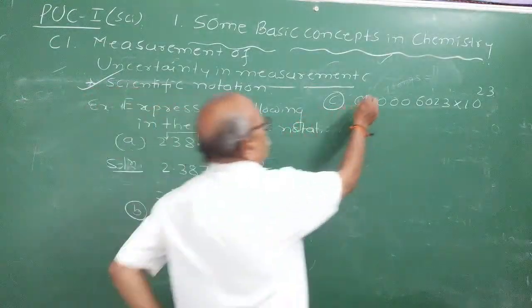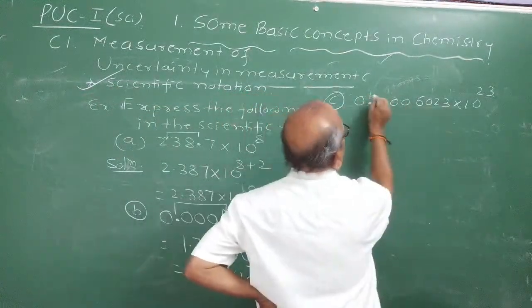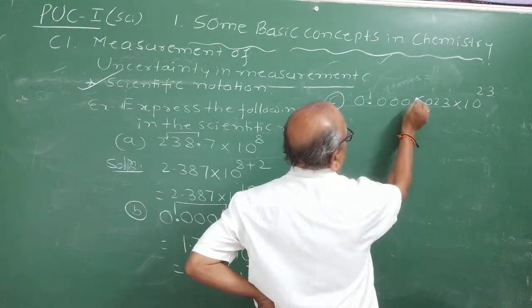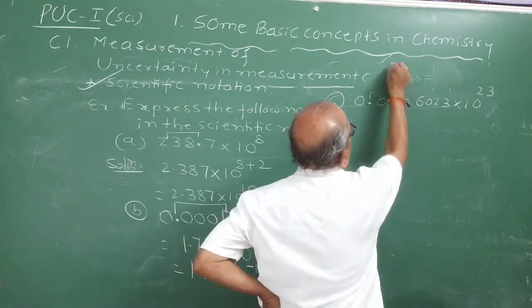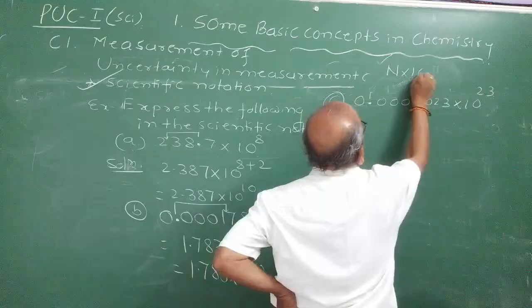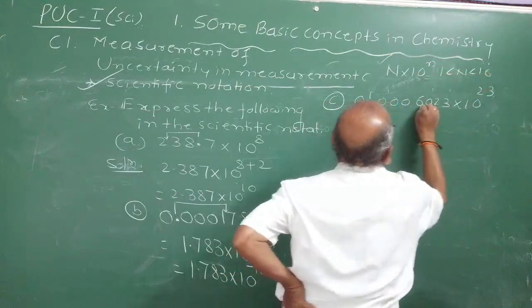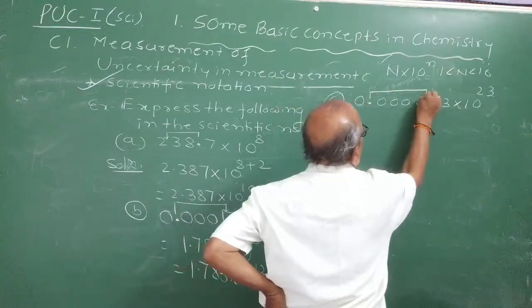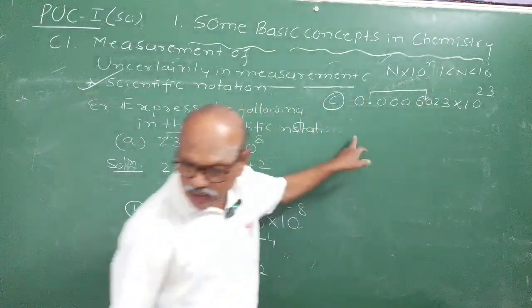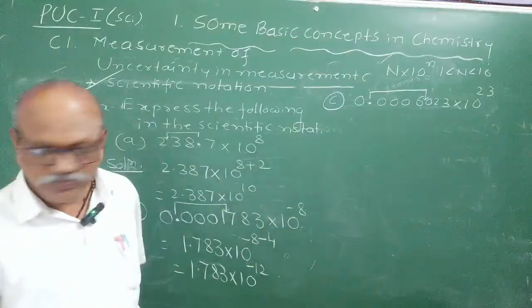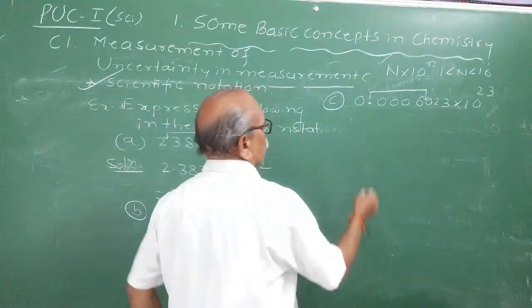Now shift the decimal point to the right. Observe. The first number should be N into 10 raised to n, and this N should lie between 1 and 10. Therefore here you have to shift the decimal point 4 places to the right.